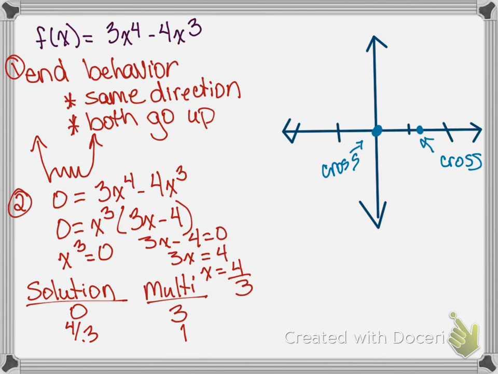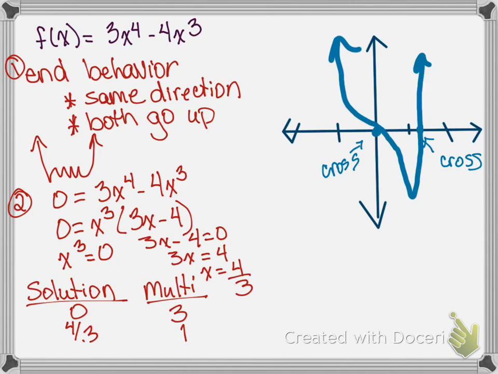It does the weird thing here. So my end behavior is that they're both going up. So it's going to be going up from here. I don't know how far down, but I'm doing something weird there. I'm still crossing it, but it doesn't cross in the same way that a single multiplicity does. It runs closer to the x-axis and turns different. So that's what I'm looking for.